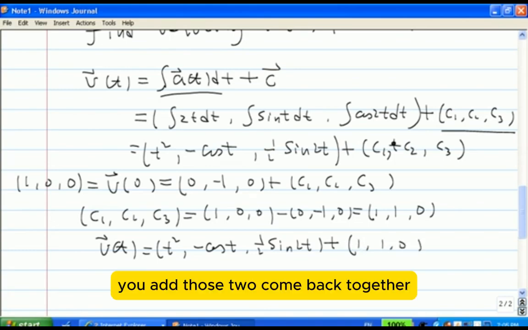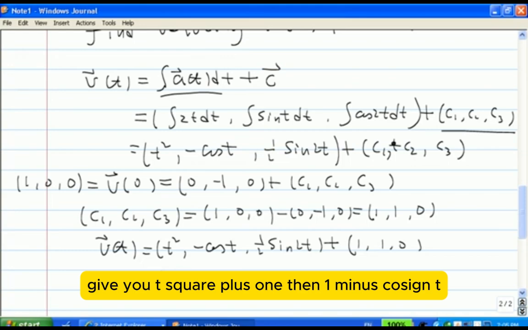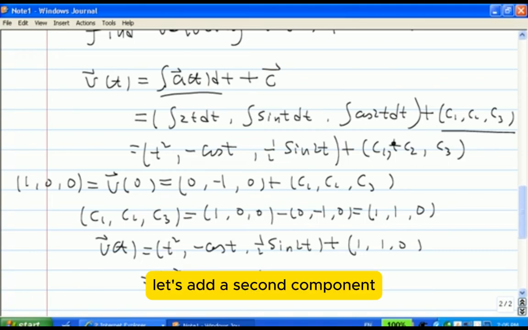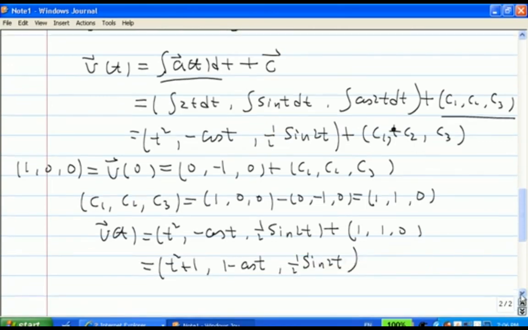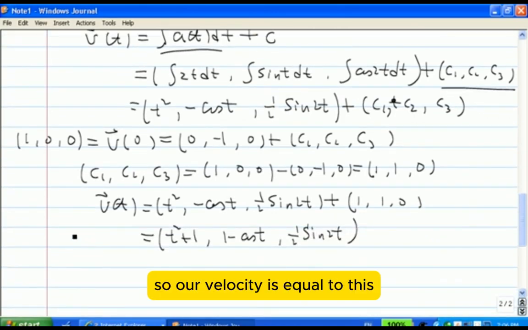You add those two vectors together, and that gives t squared plus 1, then 1 minus cosine t. Let's add the second component. Third component, 1/2 sine 2t plus 0. That's it. So we find our velocity. Our velocity is equal to this.